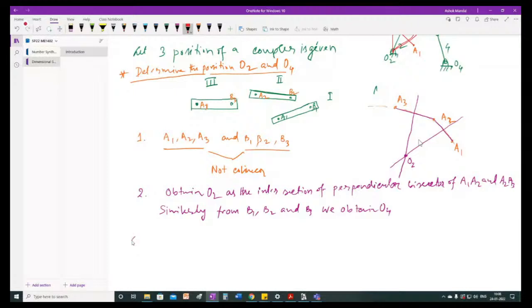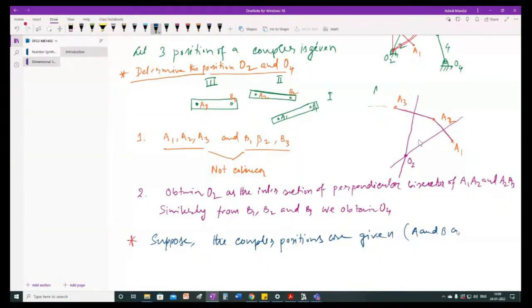Suppose the second type of problem: the coupler positions are given where A and B are not fixed. This is one thing given. Second, O2 and O4 are also given.